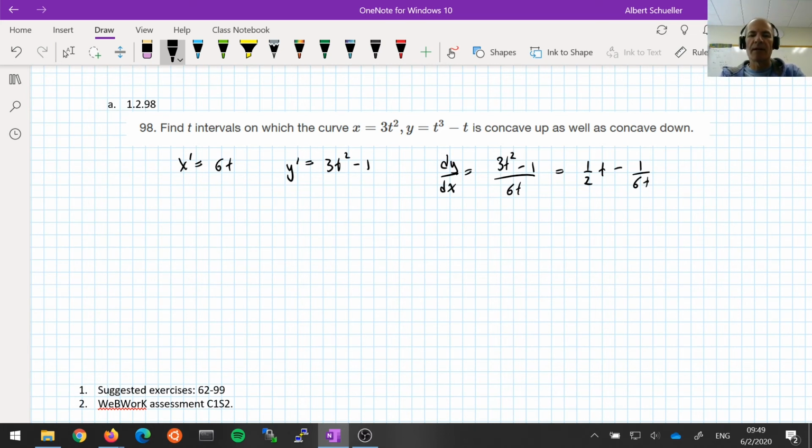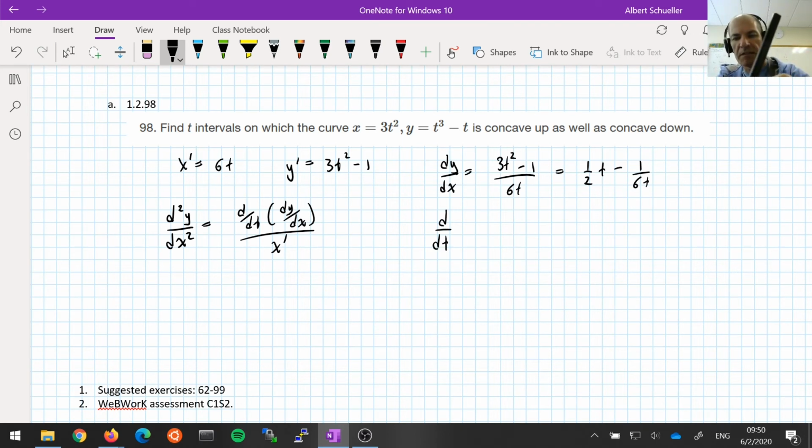All right, remember now to find the second derivative, we need to compute the time derivative, or the parameter derivative, of dy dx up here, and then divide by x prime. Well, let's find the derivative with respect to time of dy dx.